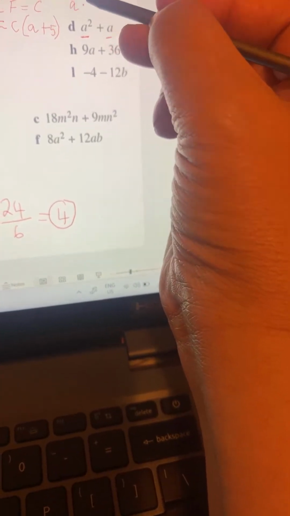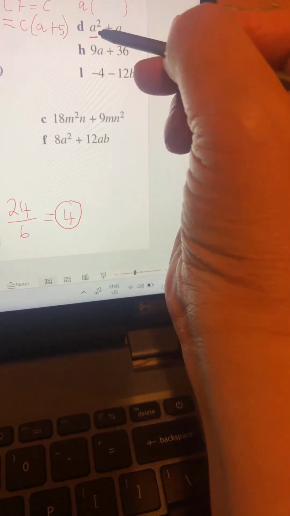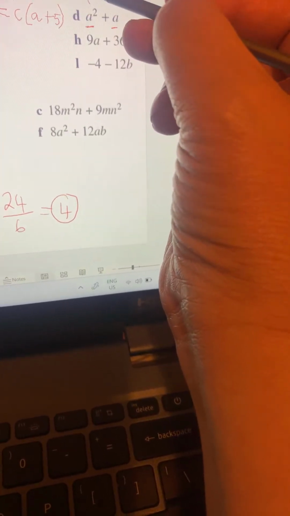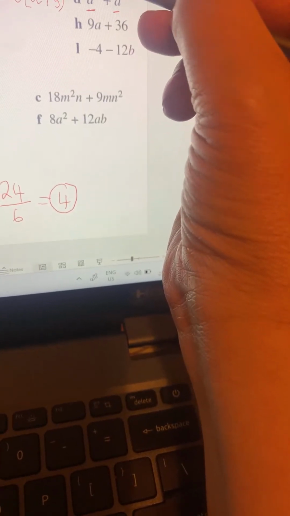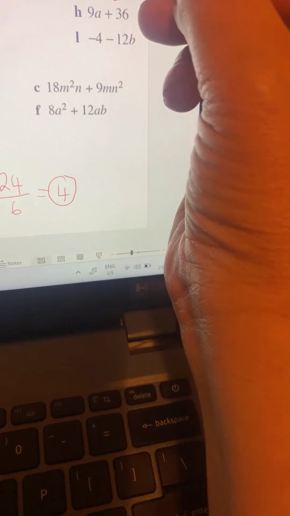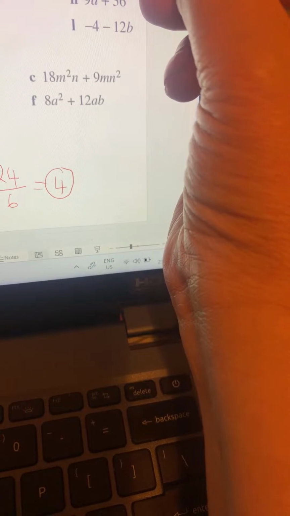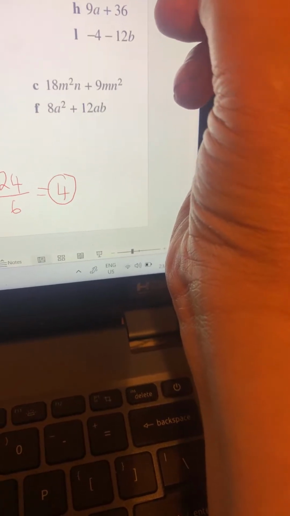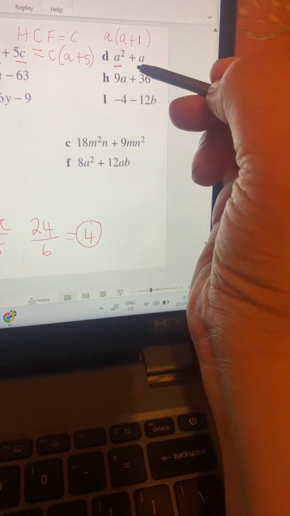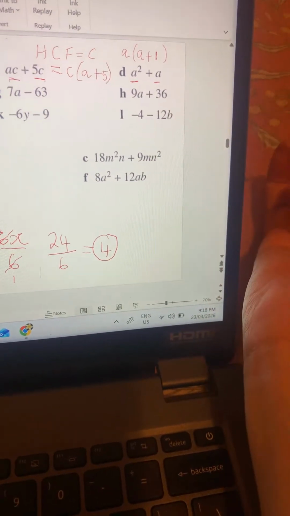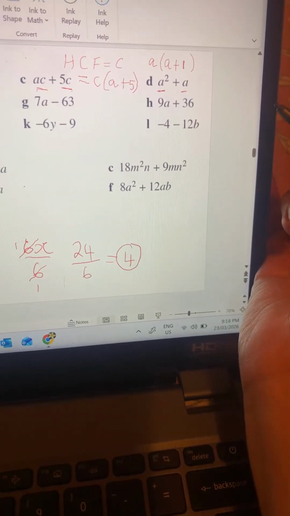So our highest common factor is A. We need a pair of brackets, okay, and then we go A times A, which equals A squared. We transfer this plus straight up here. And then we go A times 1 is equal to A. So here's our factorized form of this expression.